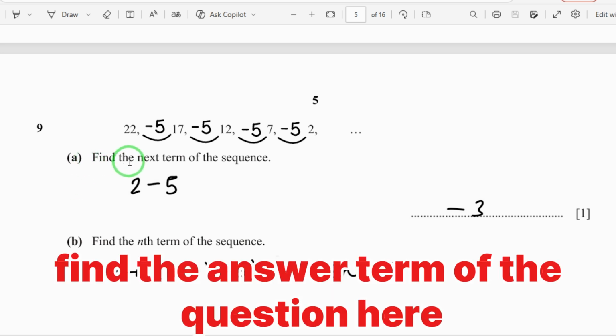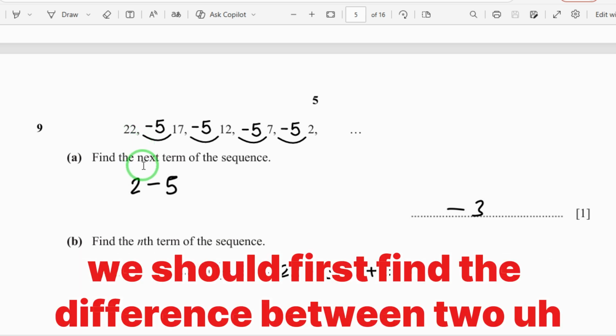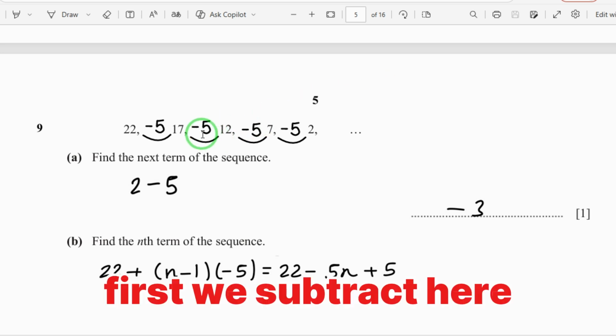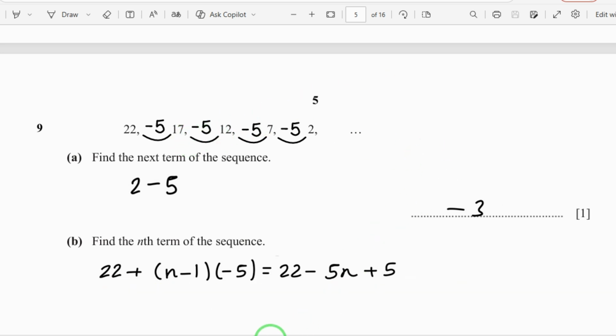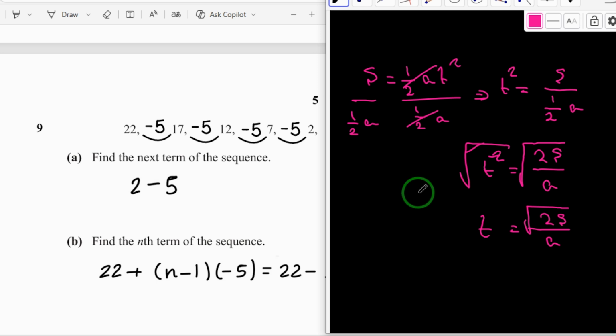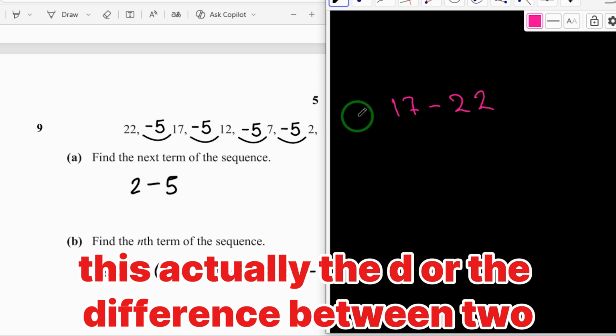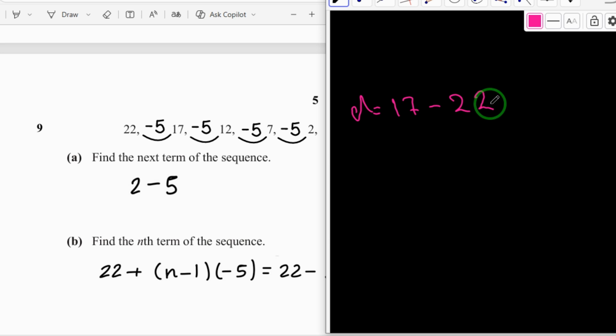Question number 9. Find the answer in terms of the question. Here we should first find the difference between two terms. First we subtract 17 minus 22. This is actually the d, or the difference between two terms.